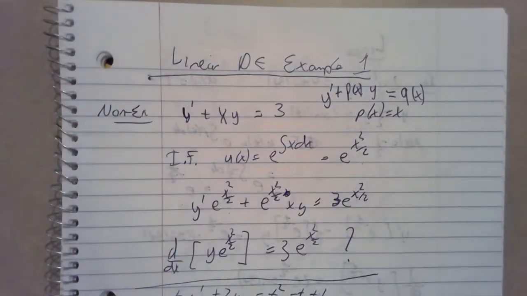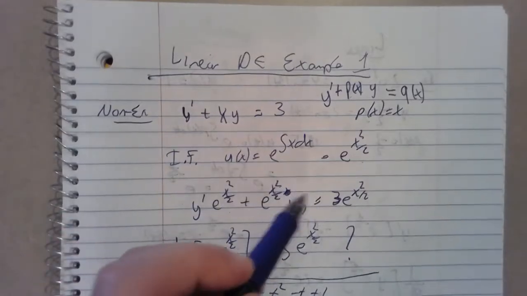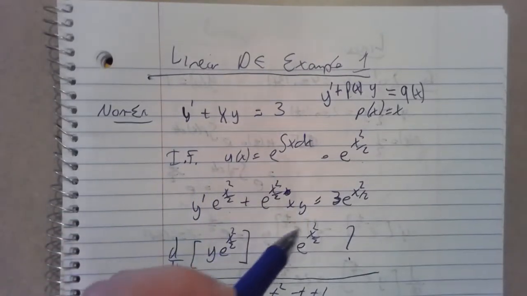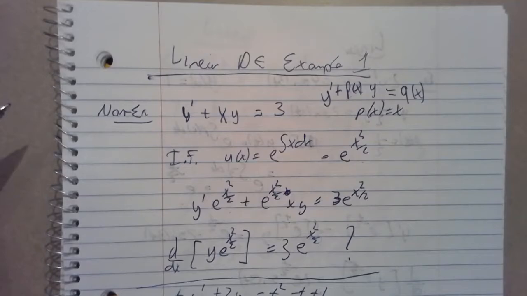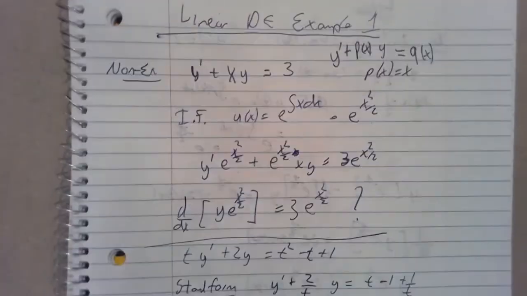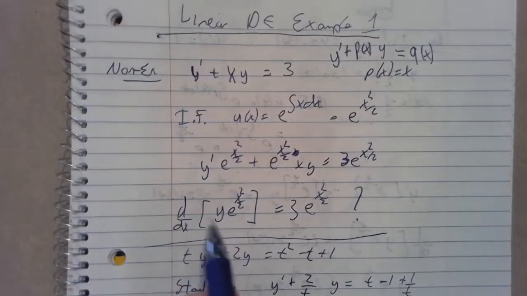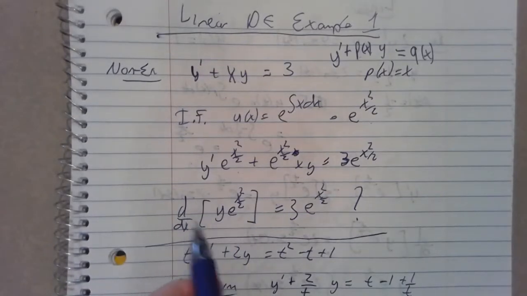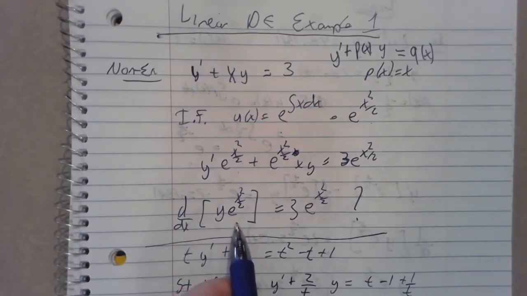Then, the whole point of this integrating factor is that the left-hand side is the product rule of y times the integrating factor. That'll happen every single time. So think if we were taking the derivative of y times e to the x squared over 2.